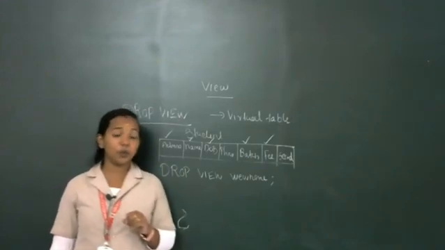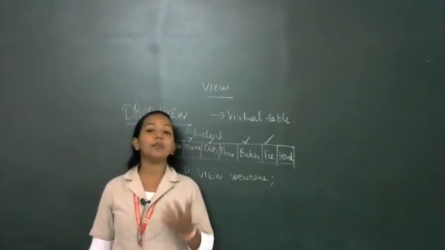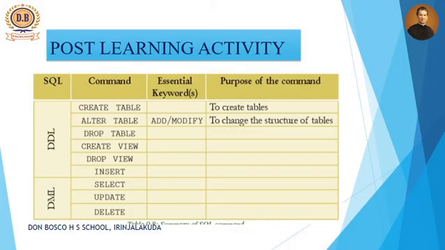Then in your textbook one table is present that I am giving as homework. Please look at the table properly. In that table it is already given: SQL command, essential keywords and purpose of the command. You want to complete that table. Look at the first one, create table. Are there any essential keywords in create table?